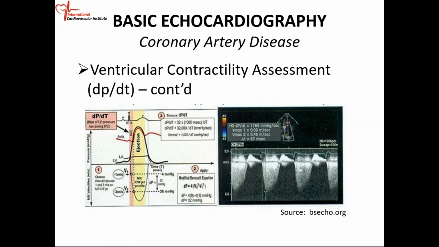Using the modified Bernoulli equation, gradient equals 4v squared. So at 1 meter per second, you square the 1, that's 1, times 4, so that's 4. So the pressure gradient at 1 meter per second is 4.